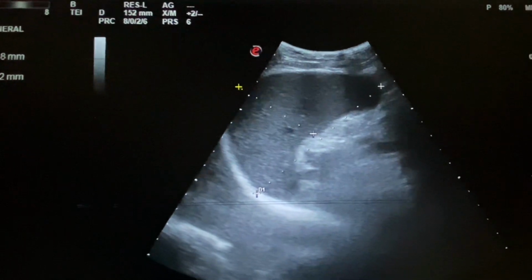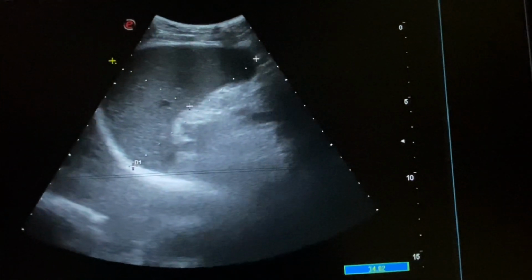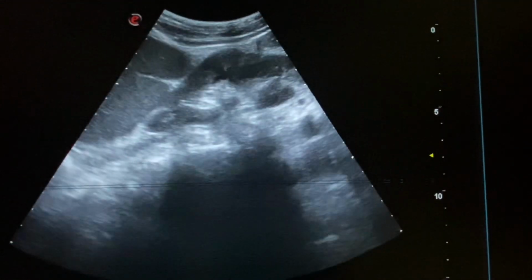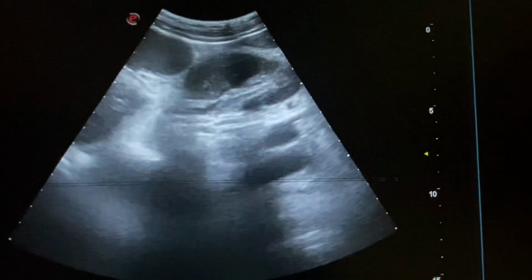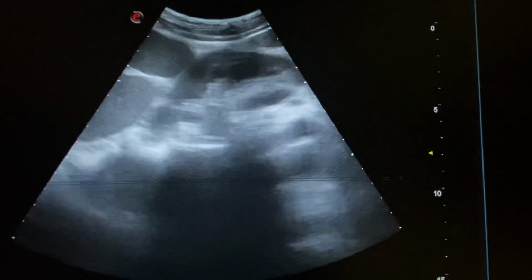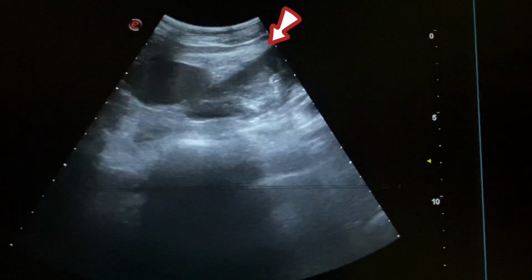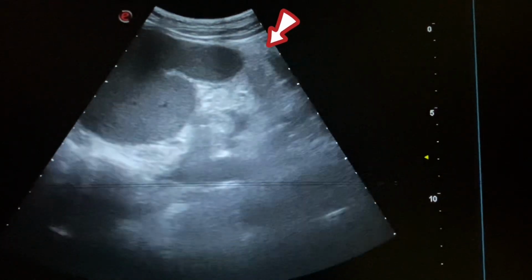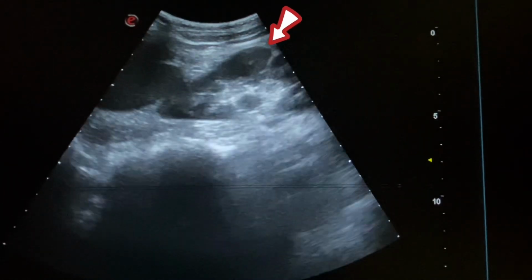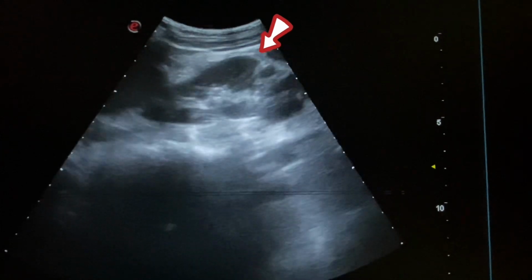The normal index of the spleen is 45 millimeters. This is the left kidney, which also appears to be normal. No stone, mass or calculus is present.